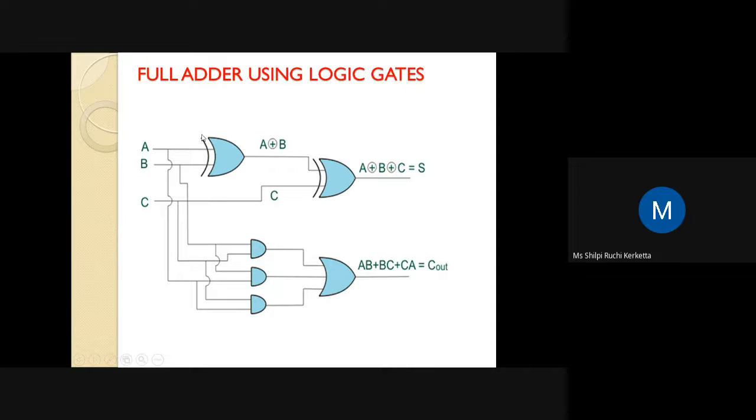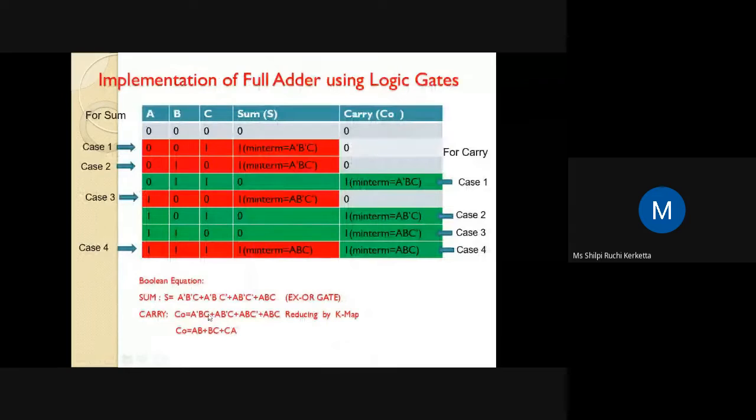So we will implement this full adder using these logic gates. See, if we use these many inputs, so many gates we will need. We will need one AND gate, one AND gate, one AND gate, and one AND gate. As there are four AND gates, we will need a four input OR gate. So in total we will need four AND gates and one OR gate.